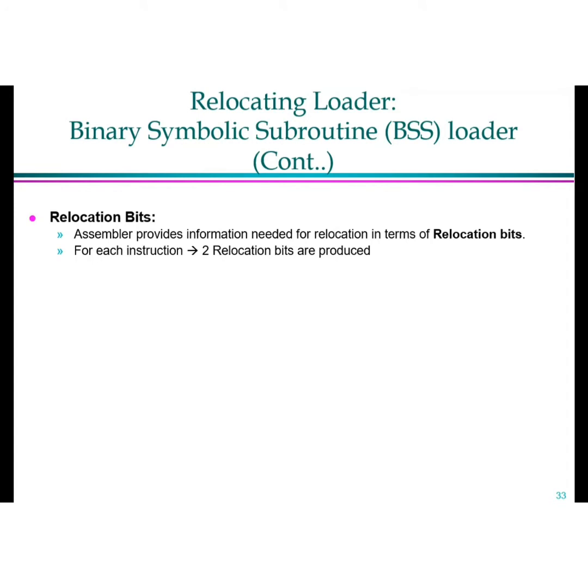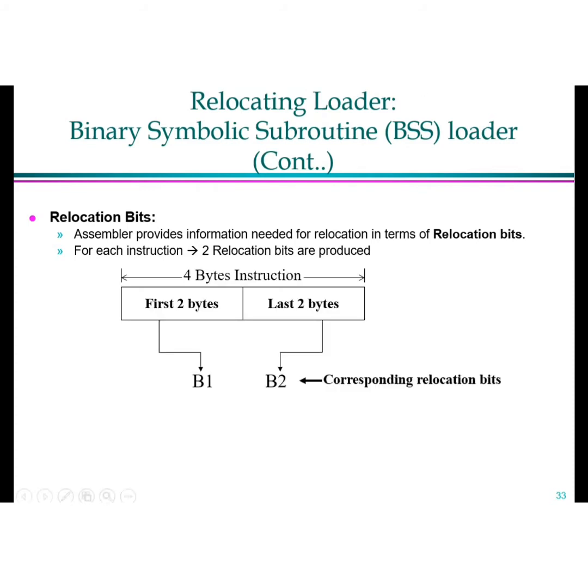Per 2 bytes, 1 bit is allocated. So the 4 bytes of instruction are divided into 2 halves of 2 bytes each. The first 2 bytes will be identified by the first relocation bit and the last 2 bytes are identified by the second relocation bit. I'll show one diagram which will help you to understand here.